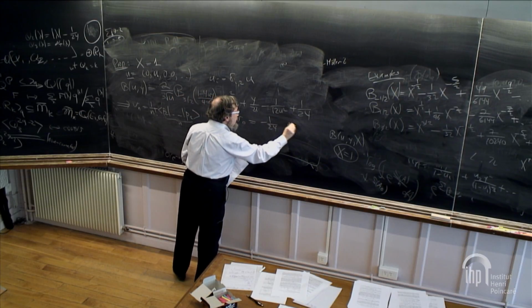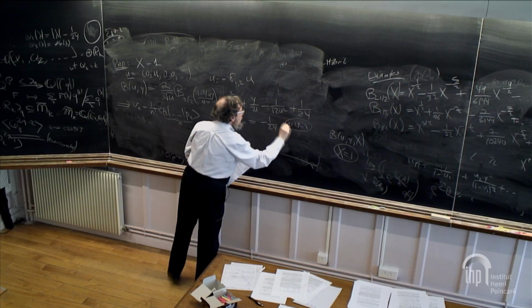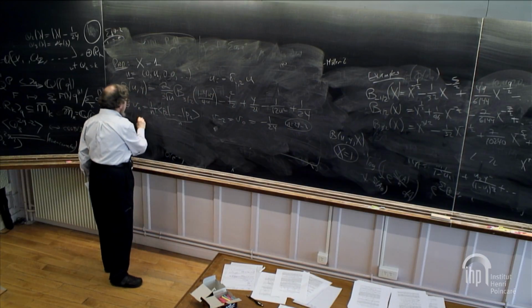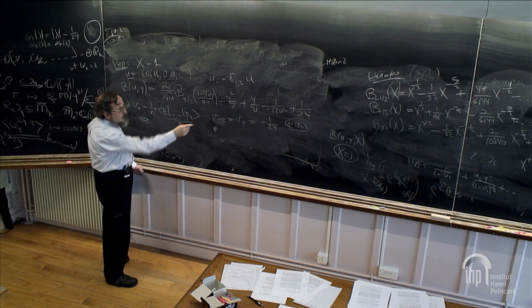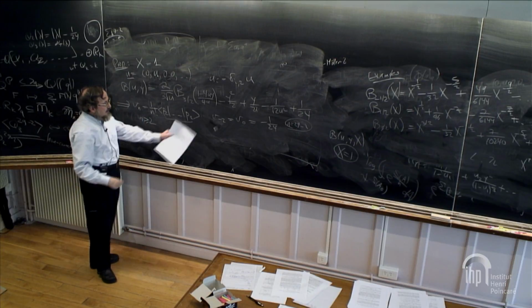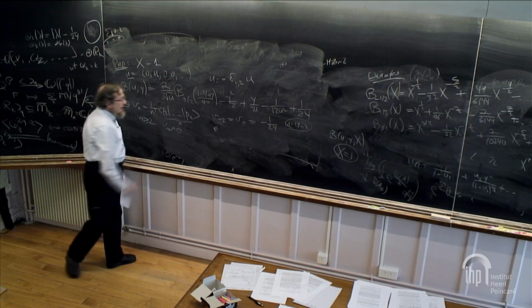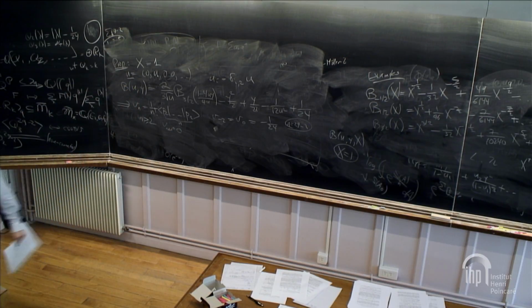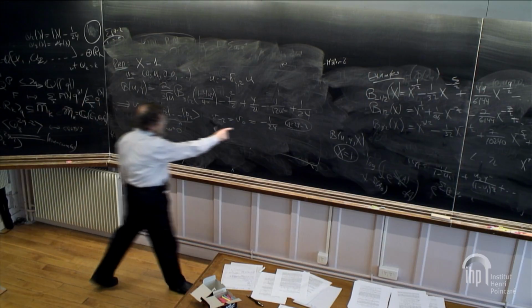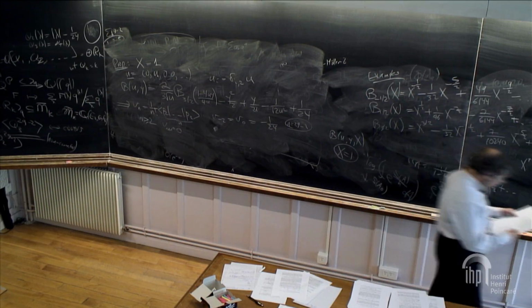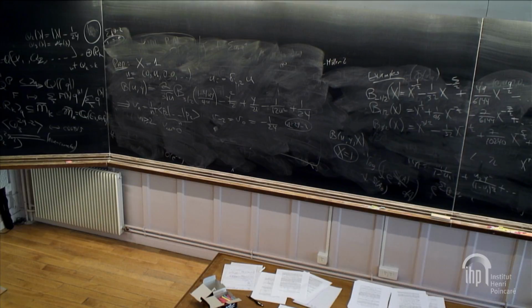So remember, n is 2g minus 2. So this Vn is if n is at least 2, which means g is at least 2. But Vn for odd numbers will be 0. But I still want V0 and V minus 2, which correspond in some sets. This doesn't make sense, but the number minus 1/24 makes perfectly good sense.